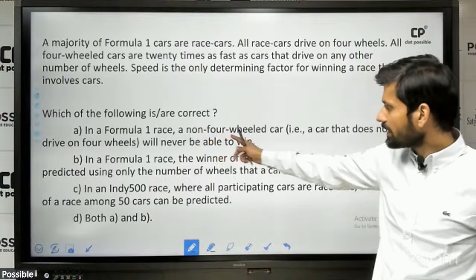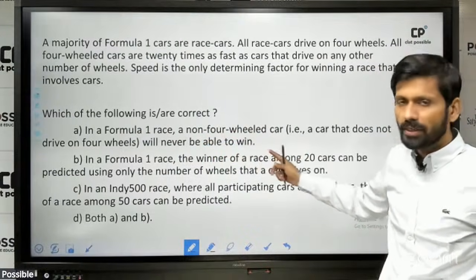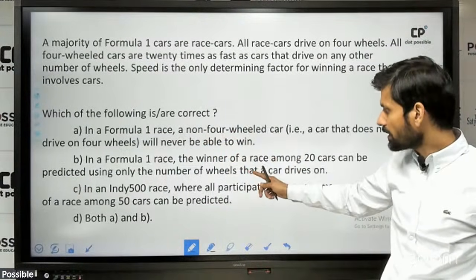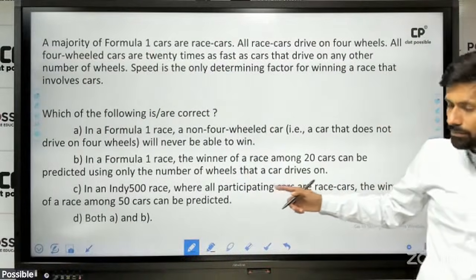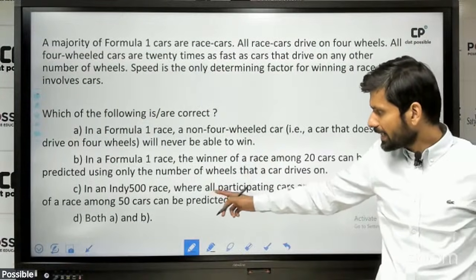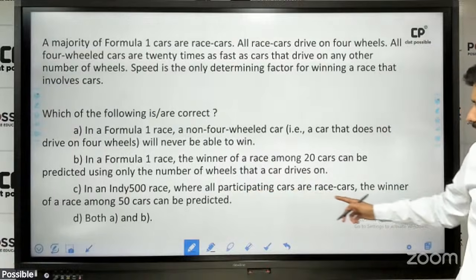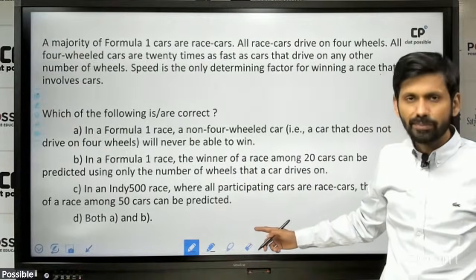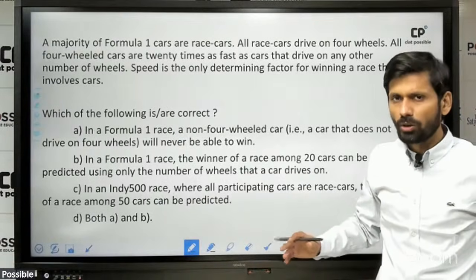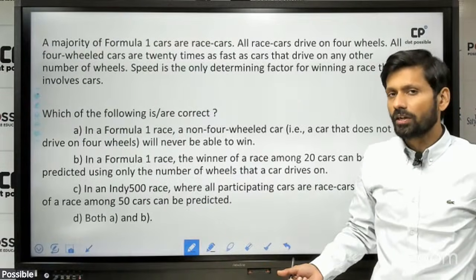In a Formula One race, a non-four-wheel car will never be able to win. In a Formula One race, the winner of a race amongst 20 cars can be predicted. And then finally, in an Indy 500 race, where all participating cars are race cars, the winner of a race among 50 cars can be predicted, right? So it's talking about whether we can predict which car will win, right?